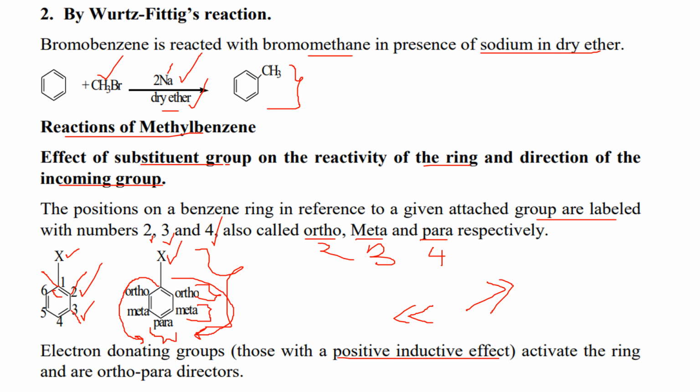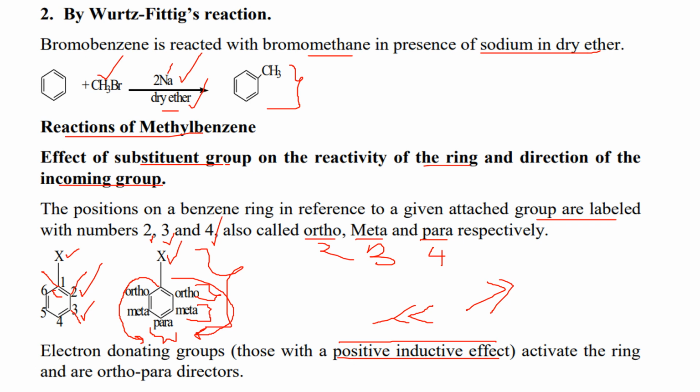A group that has a positive inductive effect is one that donates electrons to the benzene ring, and a group that has a negative inductive effect is one that takes away electrons from the benzene ring. So pay attention to that.